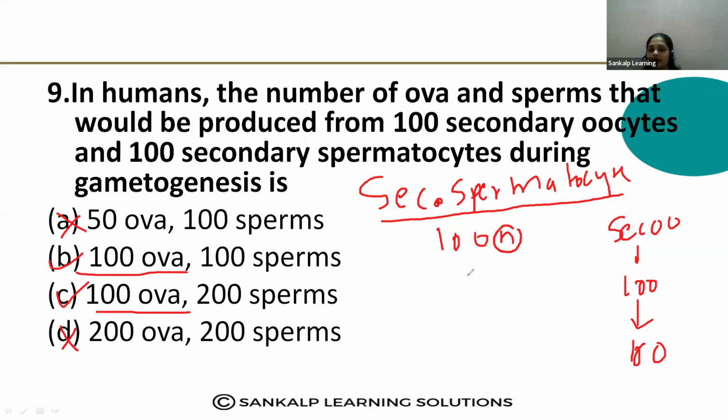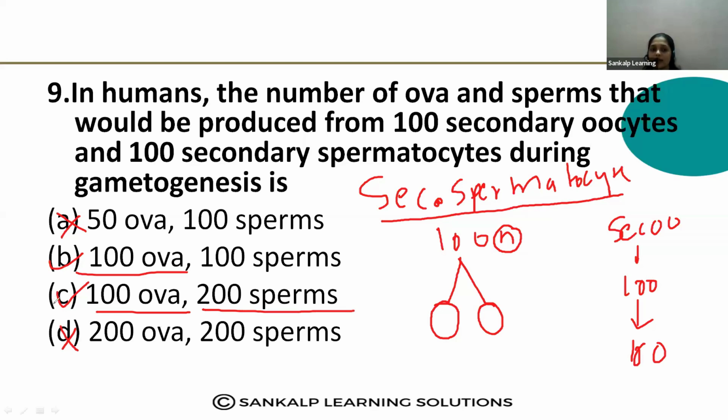They complete the second meiotic division. Each secondary spermatocyte produces two. So 100 of them will produce 200 sperms. So option C is the correct answer.